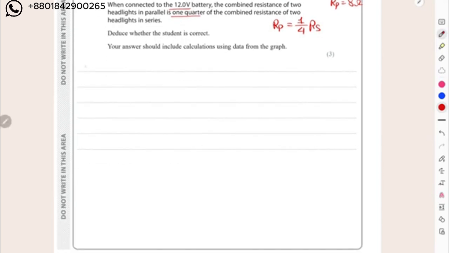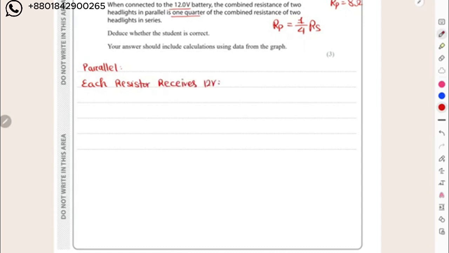So if you have to find out for the parallel combination at first, from the graph we calculated that each resistor was receiving 12 volt, right? So we can write that each resistor receives 12 volt.